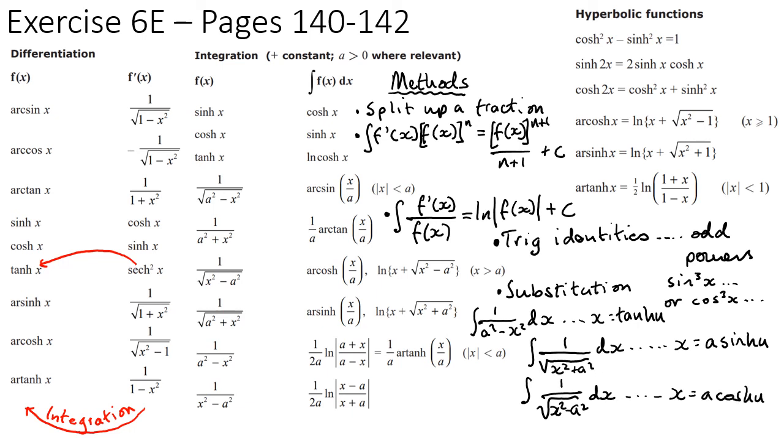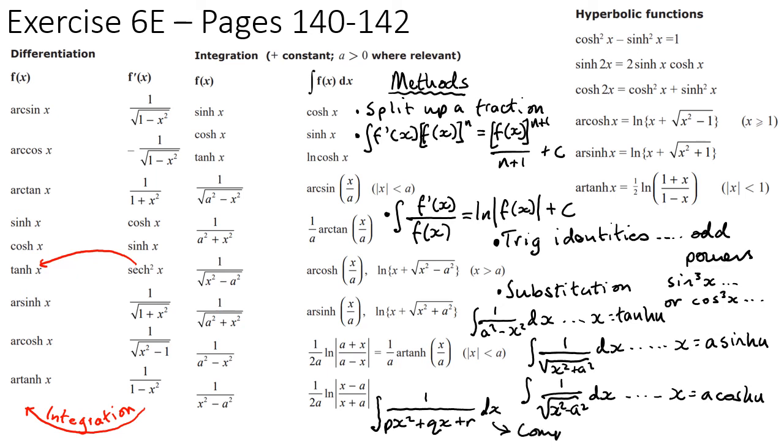And the last type is if you see one of this form, so 1 over basically a quadratic. So let's say it's this form, px squared plus qx plus r dx. Then the method for this one is to complete the square, but you need to take out p first. Take out that coefficient of x squared first, then complete the square.